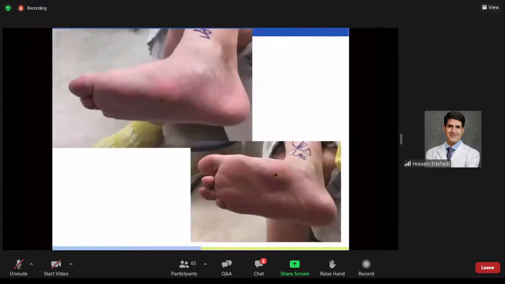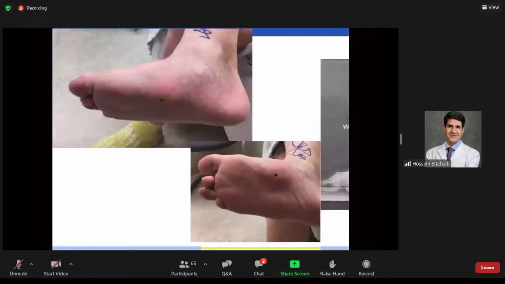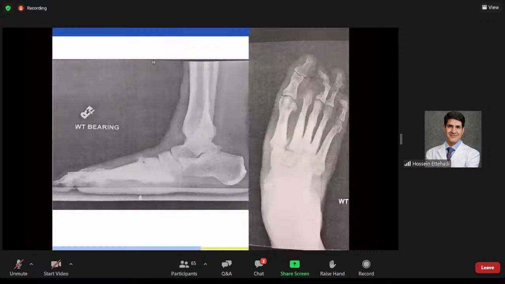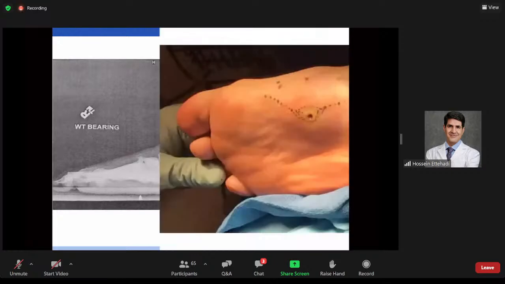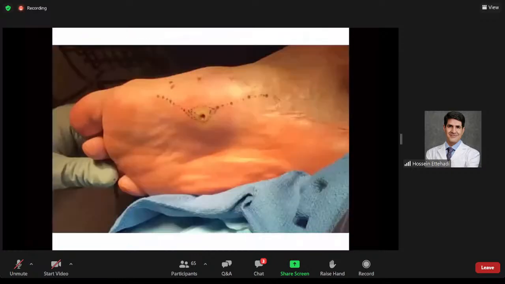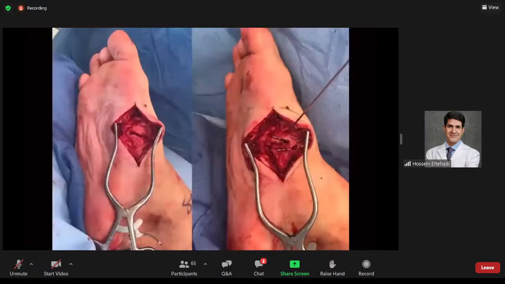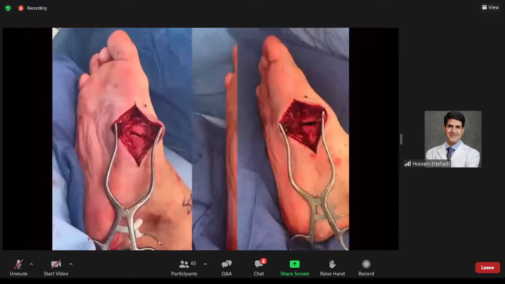normal joints. This is a case where we have a focal and mild collapse of the midfoot. Sorry for the quality of the x-rays, but here we see a classic cuneo-navicular deformity, and here's the resection of the ulcer. We have a plantar approach.